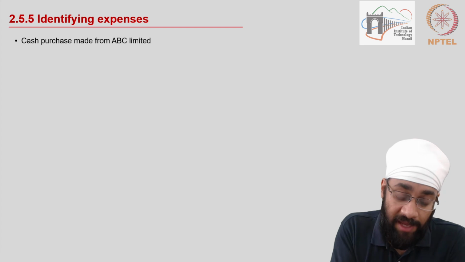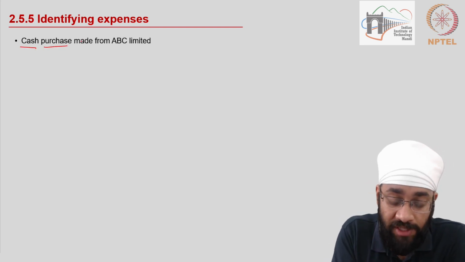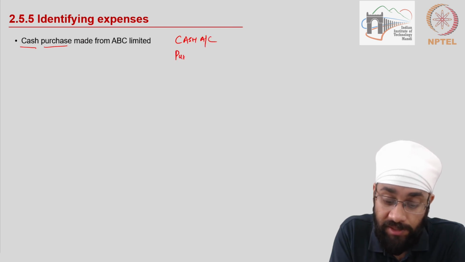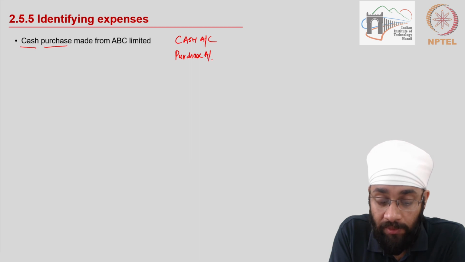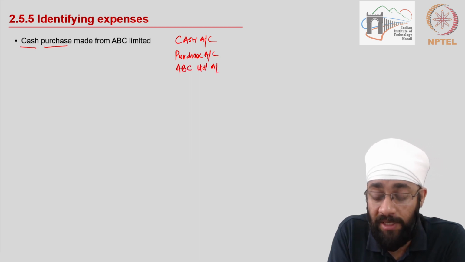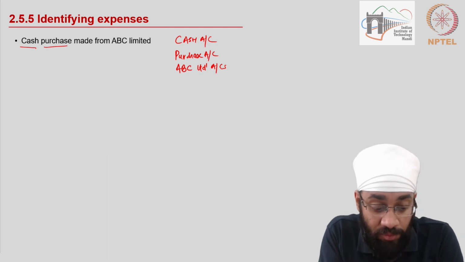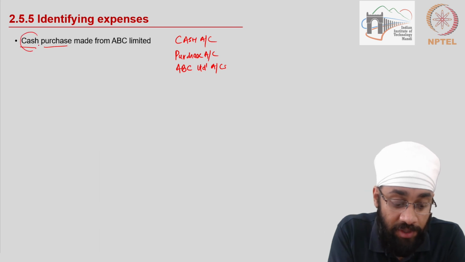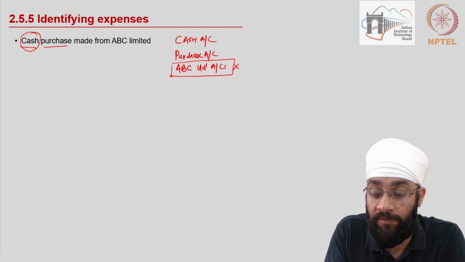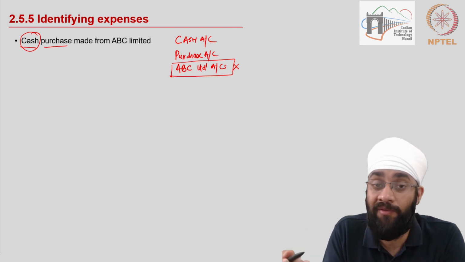Last transaction, we have to identify expenses here. You do cash purchases. You have cash account. You are doing purchases. So you say purchase account and you are doing the purchases from ABC Limited. So ABC Limited's account. Now, as discussed in the last two transactions, whenever you're doing cash purchases or sales, don't worry about the party with whom transaction is being done because you don't have to recover from him, you don't have to pay to him.